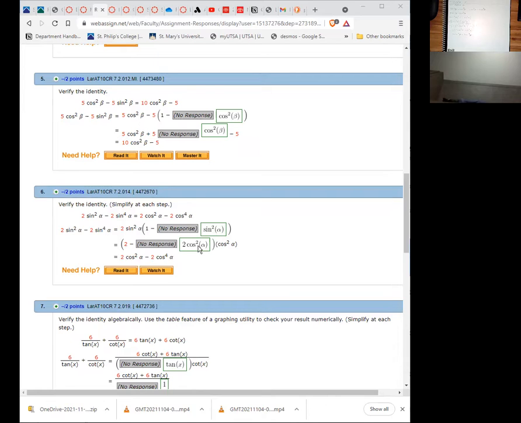Oh, I just missed a 2. Where did the 2 come from? Wait, how is there 2 cosine there? Did I need to distribute that 2? Yeah, they left a 2 in and I factored it, I think. Yeah, I factored it too. That's why I was confused.